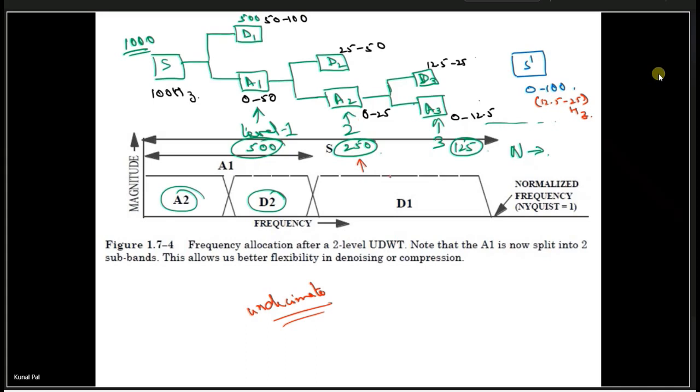Again, the length will decrease to 125 in both A3 and D3, and so on, divided by 2. However, in undecimated discrete wavelet transform, in all the cases, D1 will have 1000 points, A1 will have 1000 points, D2 will have 1000 points, A2 will have 1000 points.